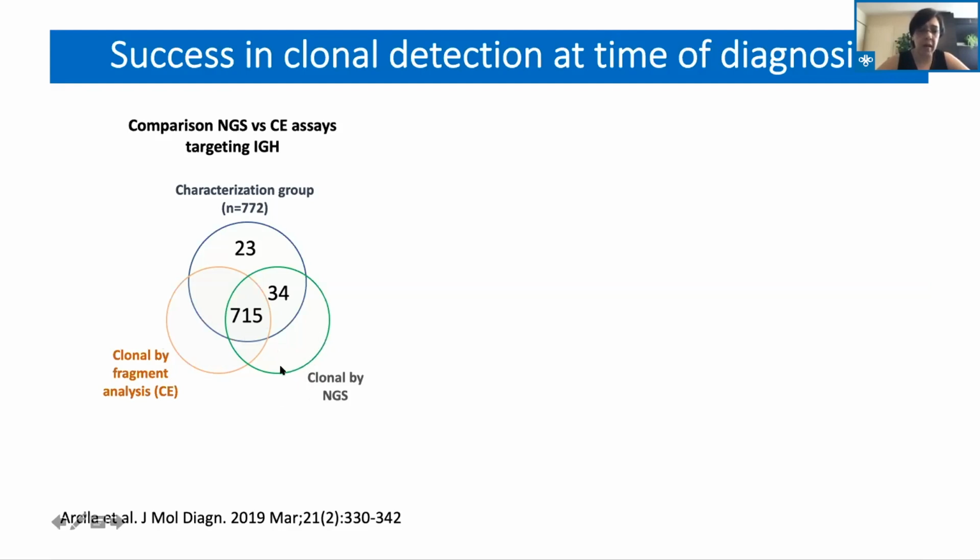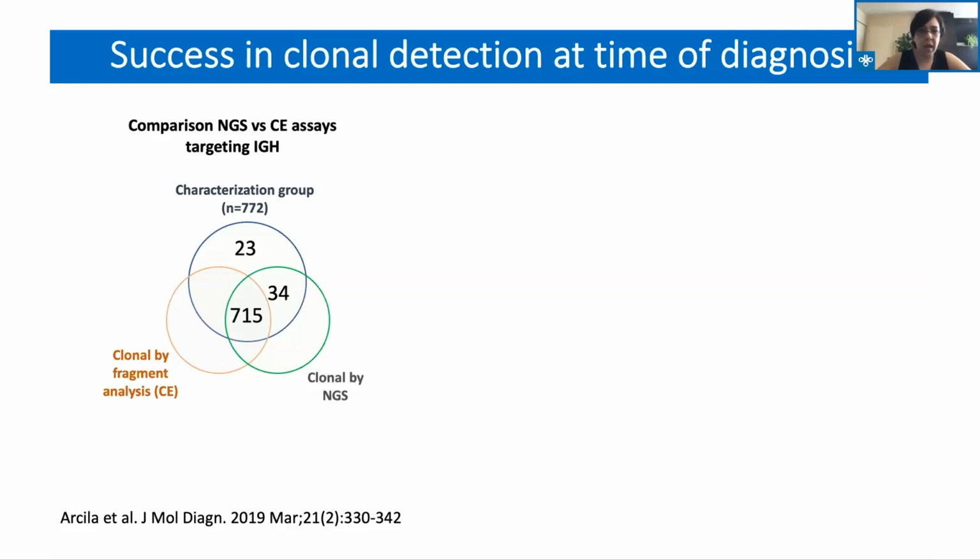However, clonality by NGS does detect more clones that are hidden in the polyclonal background, particularly for those cases where you have a prominent peak that you wouldn't be able to diagnose as a clone through a fragment analysis assay, but you can very easily see it with next generation sequencing.